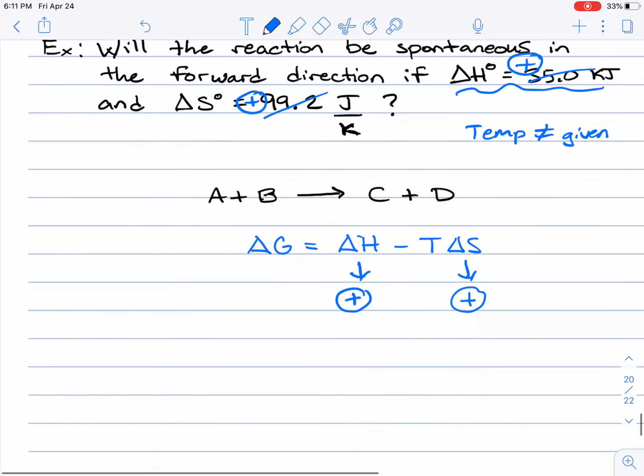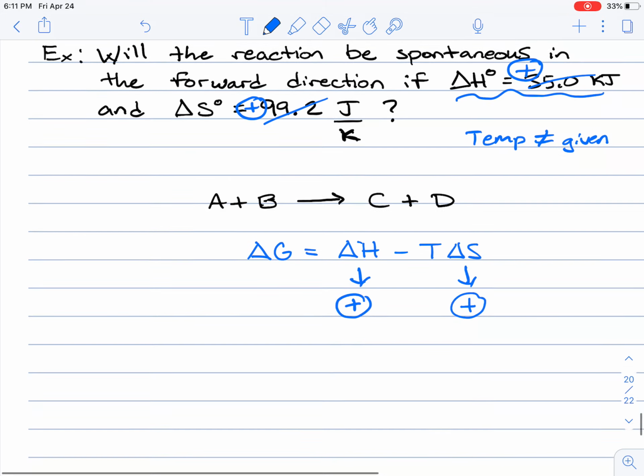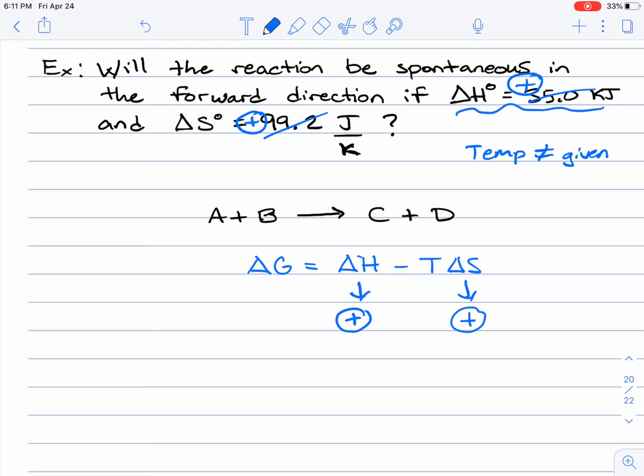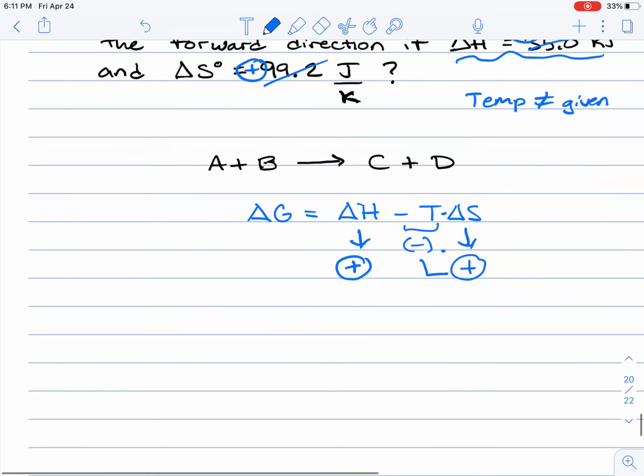Okay. And so in this case, we have to figure out at what temperature this reaction would be spontaneous. If we go through the process very quickly, this is negative, so negative times a positive is going to give us a negative value.